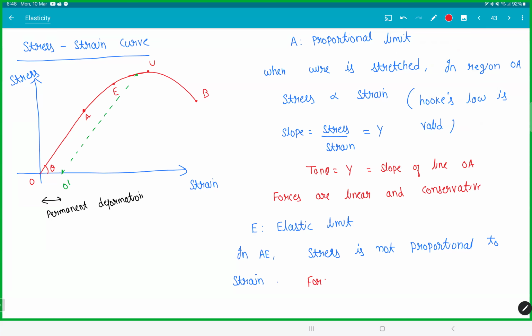This is a theoretical question they asked. In which region are the forces conservative? In which region are forces linear? So forces are not linear, but conservative. Have a look at this.